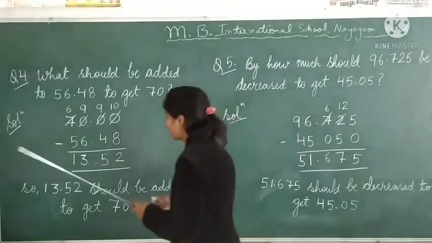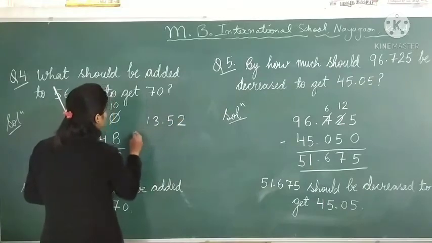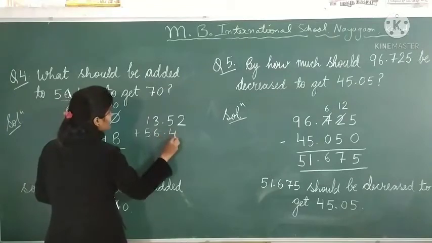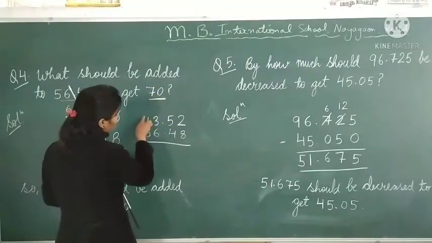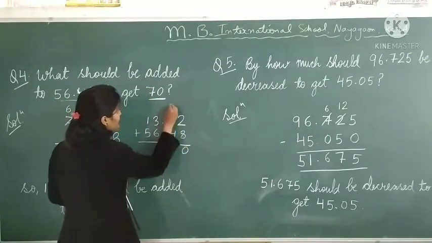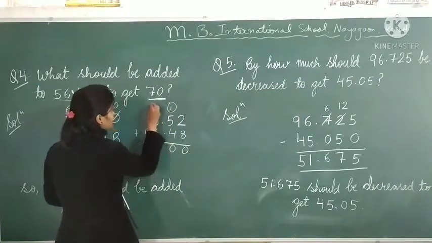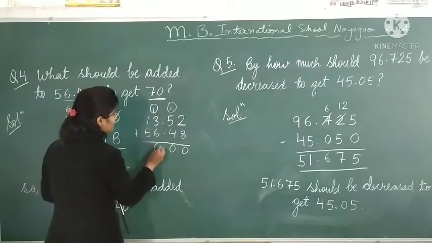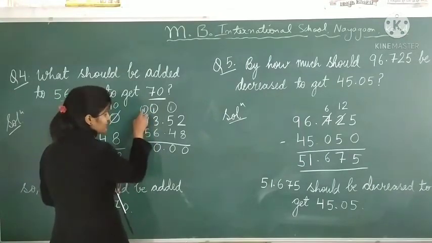अगर आपको क्रॉस चेक करना है आपका आंसर, so start adding 13.52 plus 56.48. इसका एडिशन करने पे आंसर क्या आना चाहिए हमारा? 70. क्या आंसर होना चाहिए आपका दोनों नंबर्स को ऐड करने पे? इट मस्ट बी 70. सो 8 plus 2 10, 0 और 1 कैरी. 5 plus 4 9 plus 1 10, 0 और 1 कैरी. पुट द डेसिमल. 6 plus 3 9 plus 1 10, 0 और 1 कैरी. 5 plus 1 6, 6 plus 1 is 7.